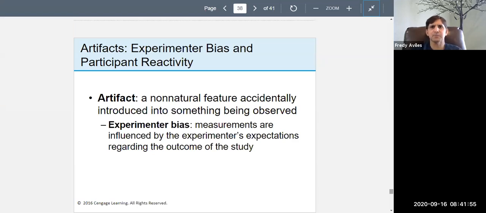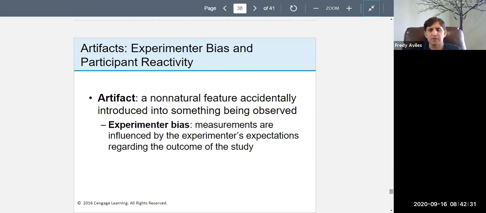An example of that is experimenter bias, right? Where the measurements are influenced by the experimenter's expectations regarding the outcome of the study. Okay, so maybe the experimenter is interested in whether acupuncture is helpful for reducing pain. And the experimenter is just really nice to participants, or tells participants that they're trying to determine if acupuncture is going to reduce their pain.